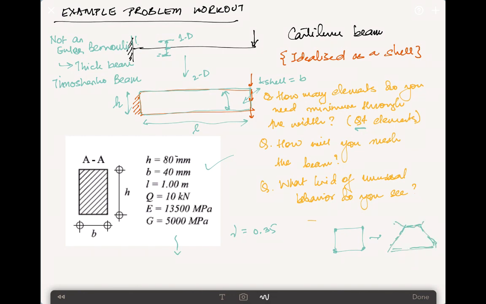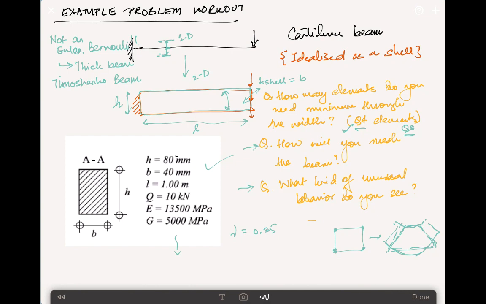So if you want to see a bending behavior, it is not possible to see it through the standard Q4. So either you can use Q8 elements to have a better behavior, or you can use Q4 elements with higher meshing. So you have to think about, if I am going to use Q4, how many elements do I actually need through the width? The second one is, how do you want to mesh the beam? What would be your strategy of meshing the beam? What are the parts you need to mesh more finely, the ones that you need coarsely, etc. And if you see some kind of unusual behavior, what exactly is this unusual behavior?